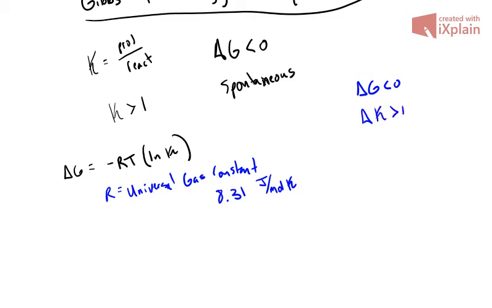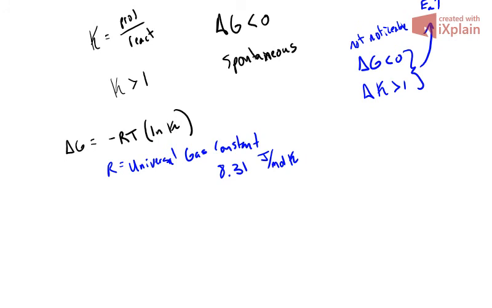But if it is not measurable, not noticeable, that means that the activation energy, the EA, is a very high number. Okay? That's what that means.